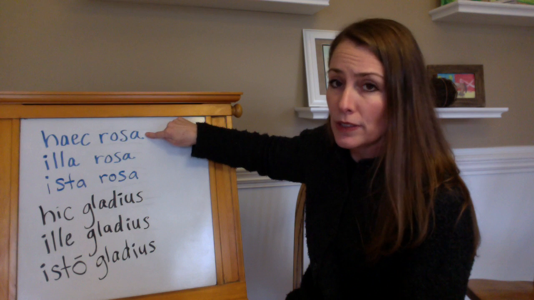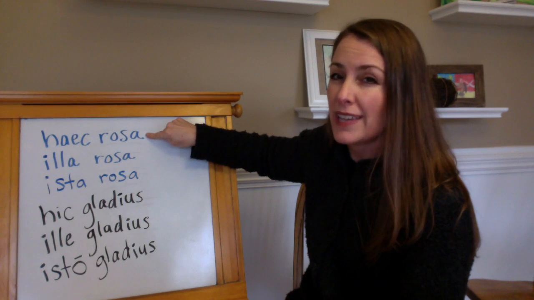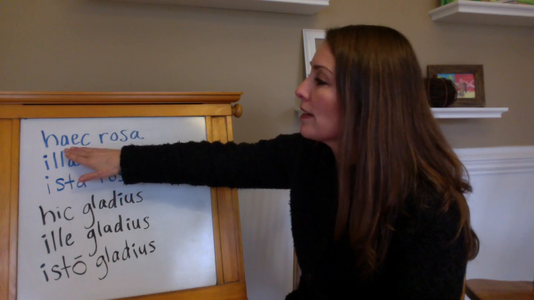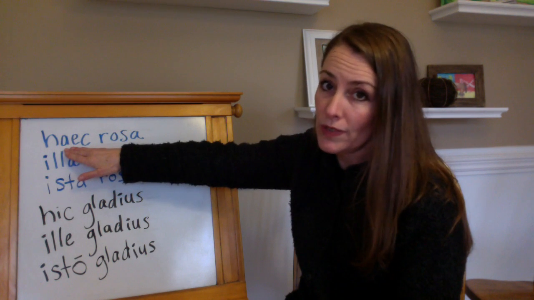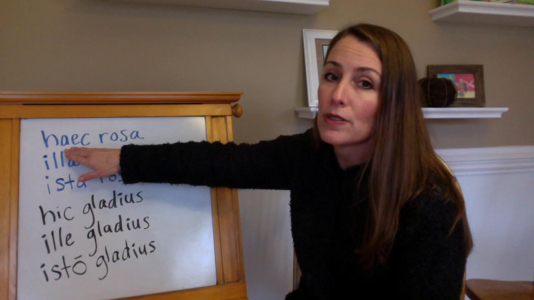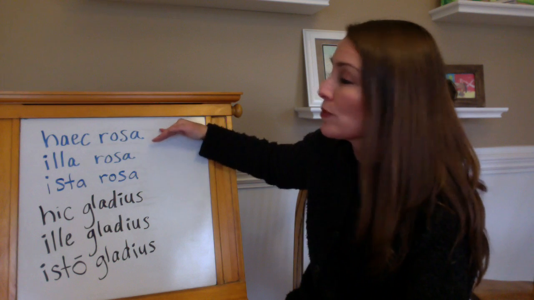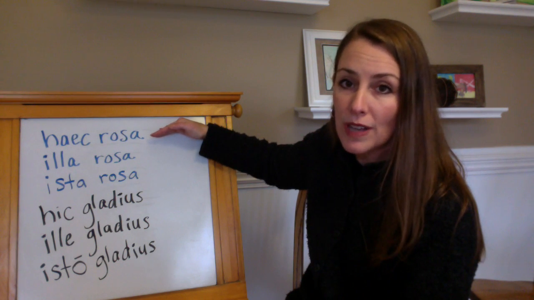It is singular, we'll say in the nominative case. So I have to have my demonstrative adjective matching it. So I'm going to use the singular, feminine, nominative form. Okay? So if I was going to say this rose, I would say haec rosa.